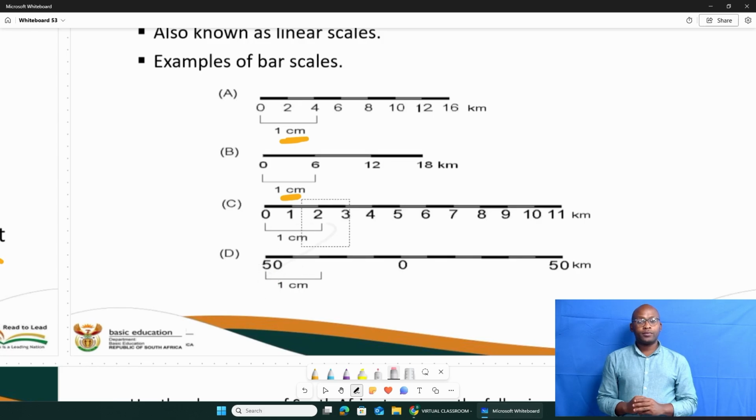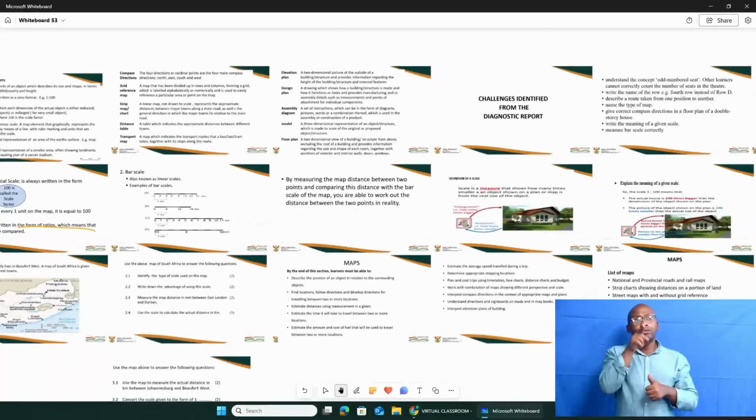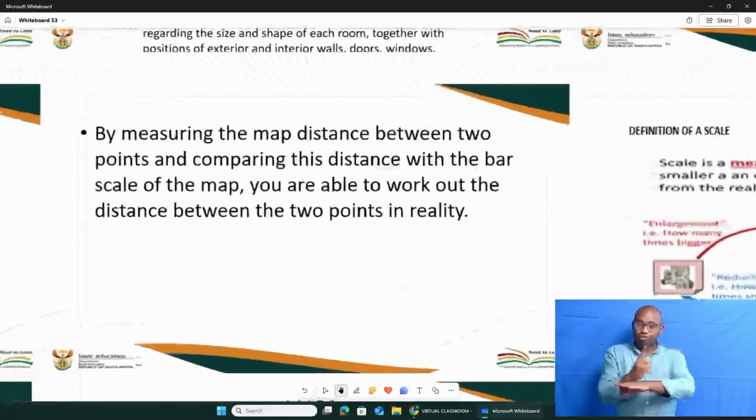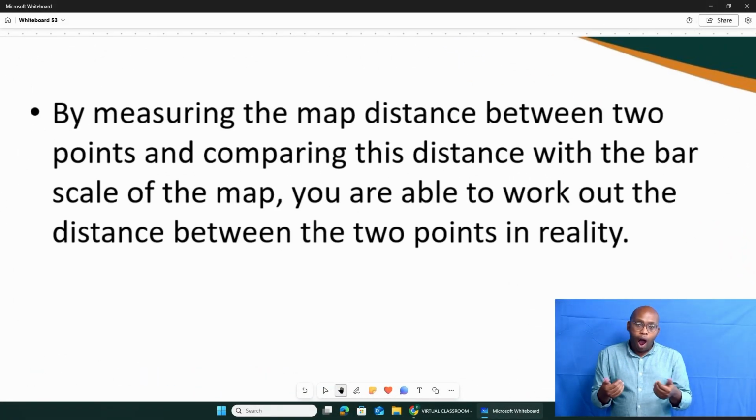So in scale calculation, by measuring the map distance between 2 points and comparing it with the bar scale of the map, you are able to work out the actual distance between the 2 points.